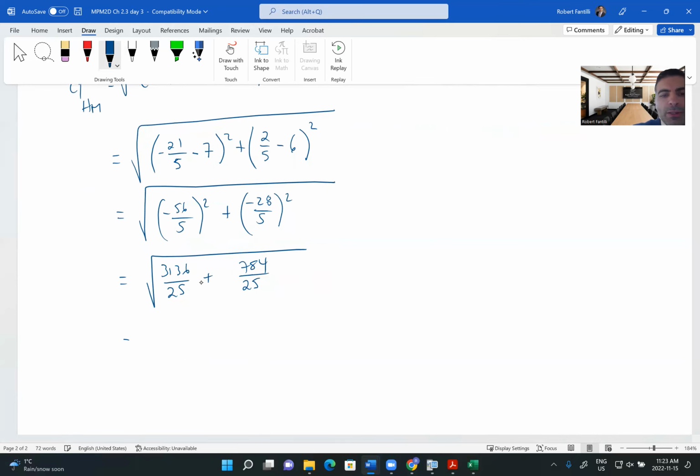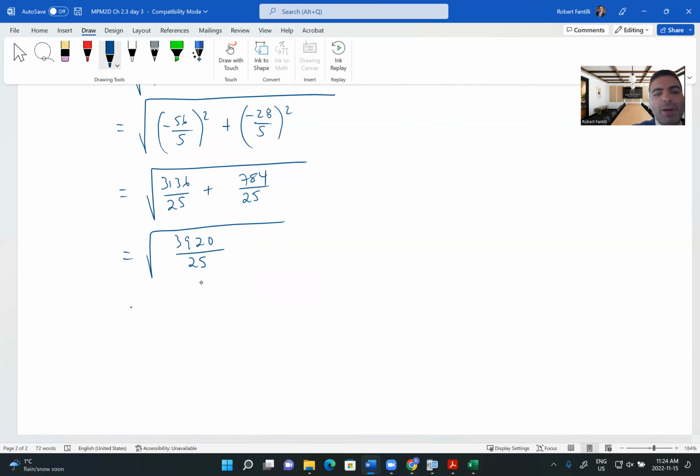Combine those together and we get 3,920 over 25. Now, forget about the square root symbol for a second. We can reduce our fraction. If I reduce my fraction by dividing both numbers by 5, one ends in a 0, one ends in a 5, so I know they're both divisible by 5. I end up getting 784 divided by 5 if I reduce the fraction.